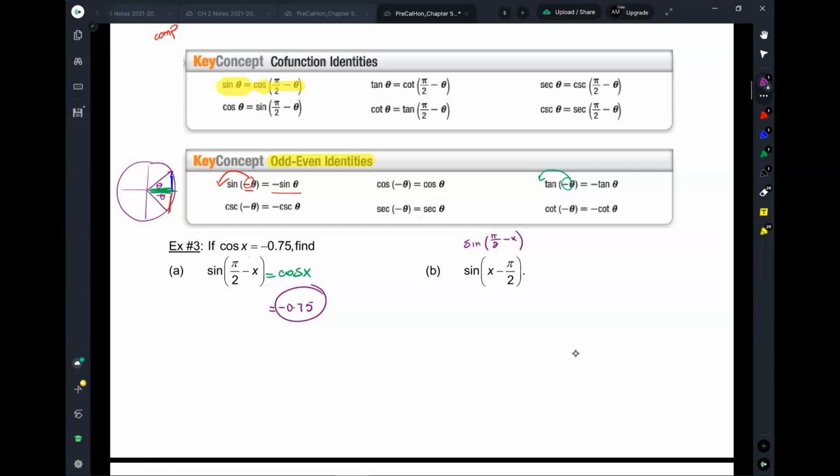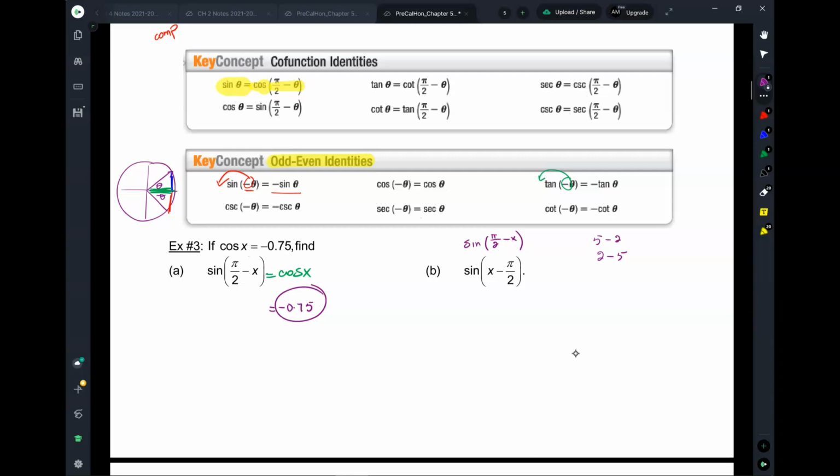One is pi over 2 minus x, one is x minus pi over 2. So let me ask you this. Suppose you have 5 minus 2 and 2 minus 5, just like we have here. One minus the other, or the other minus the other, right? What's the difference between them? One's negative, one's positive. So the difference between these two is it's the same, but this is the negative.